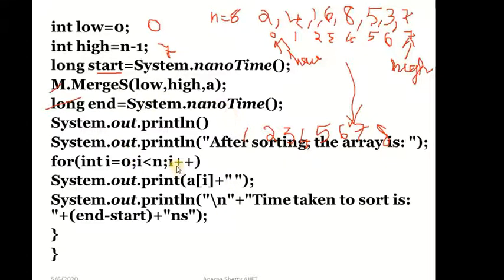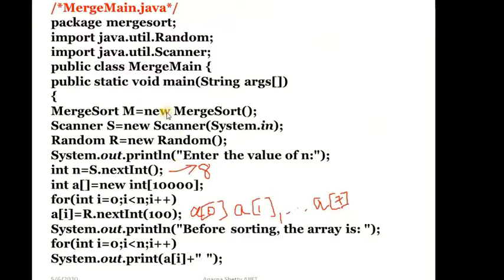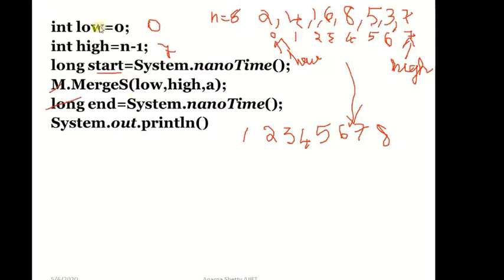So this was about the main method. In the main method, first we read the value of n. Next we generated the array A elements using the random method. After that we displayed the array elements before sorting. We initialized the value of low and high. Those low and high are passed as parameters to the merges method.